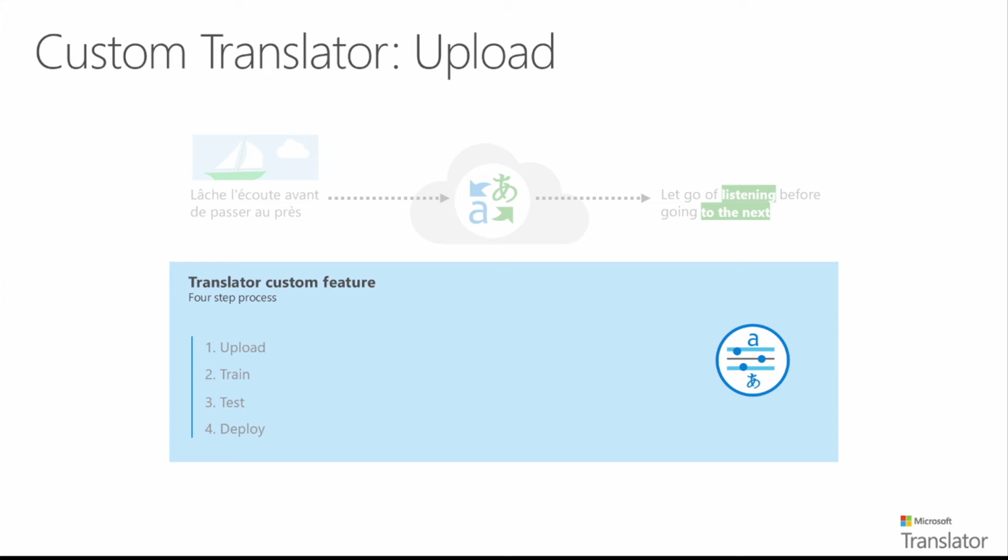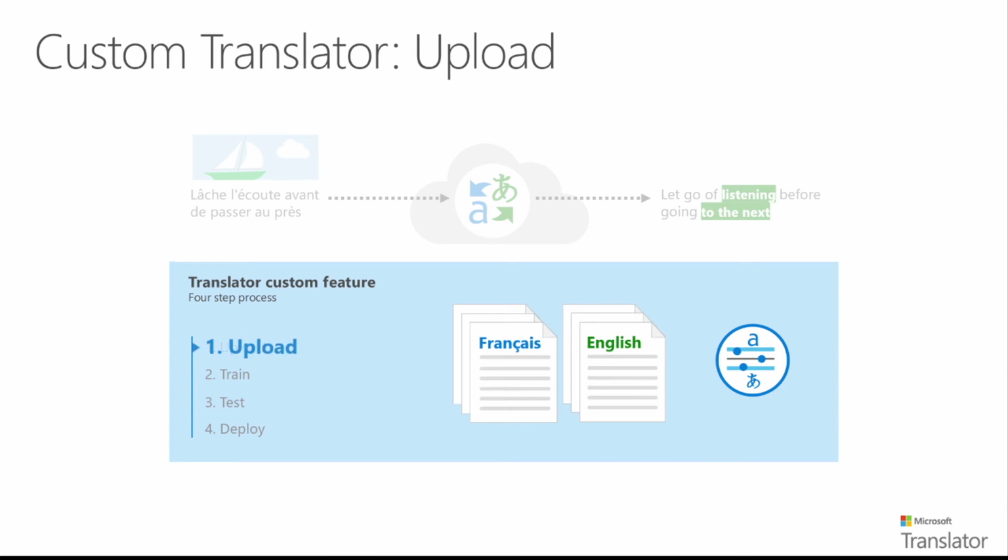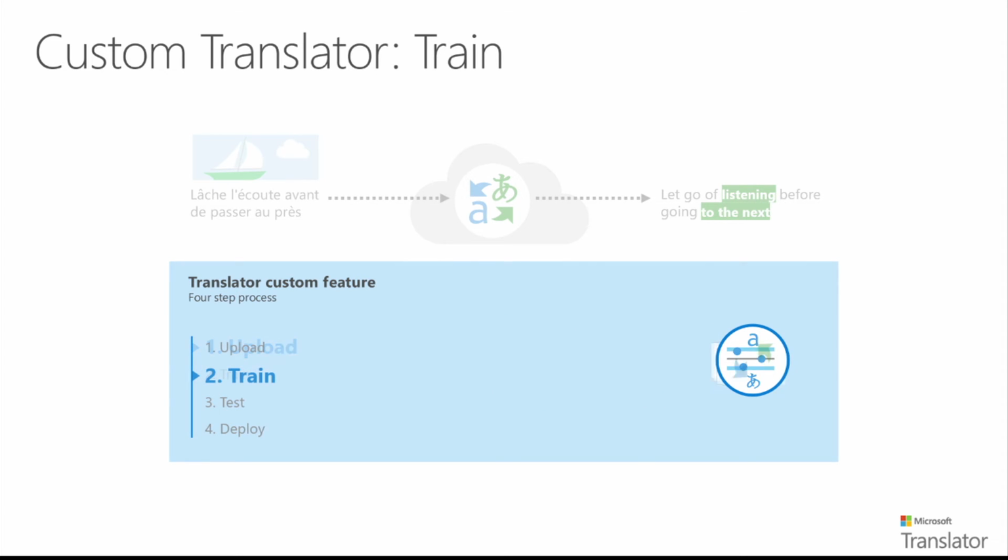So how you would approach that system, you would upload parallel material here in French and in English that is relevant for the sailing terminology. You would train a system that is a layer on top of the generic system. Here you can see the combination of these two systems.